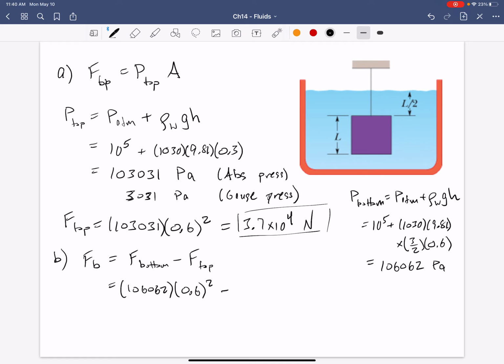And then we subtract what we got in part A, which was 3.7 times 10 to the 4 newtons. And so now the buoyant force, being the difference of those, should be about 1,100. I get 1091 newtons. And again, that's directed upwards.